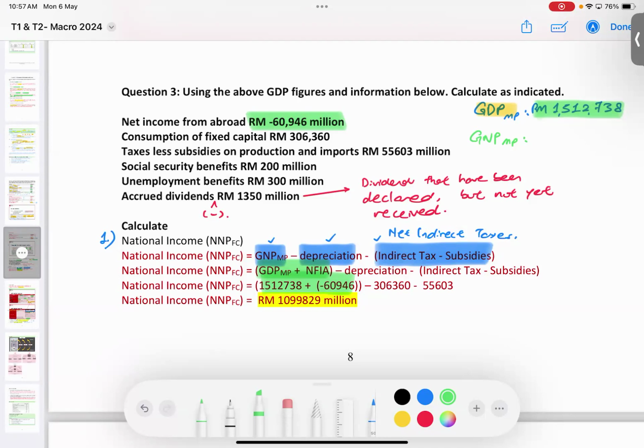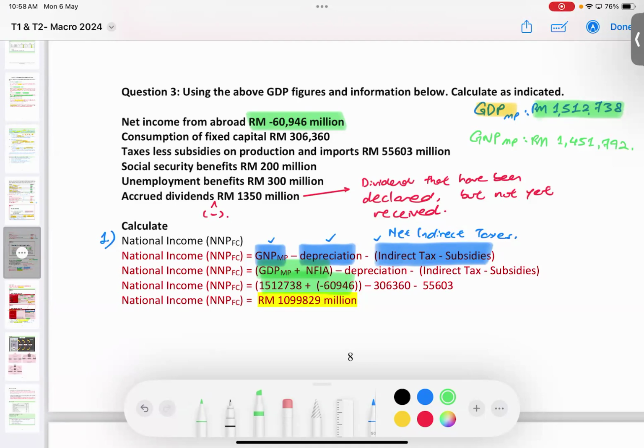So if I were to calculate the amount, if I want to calculate this one first, is like this. Now then depreciation.